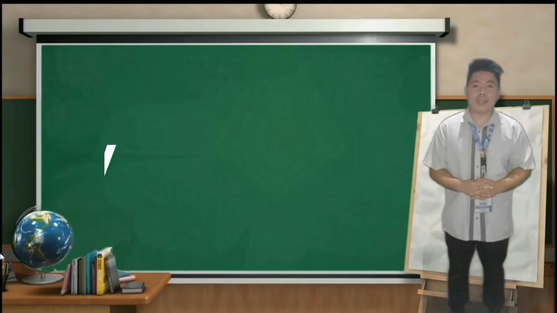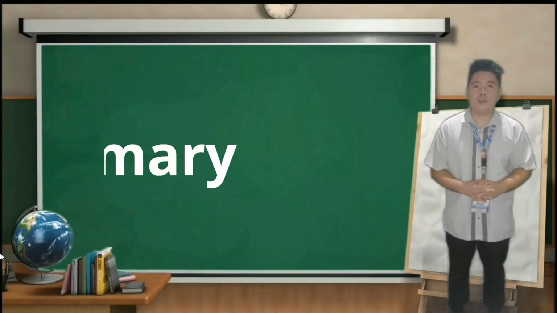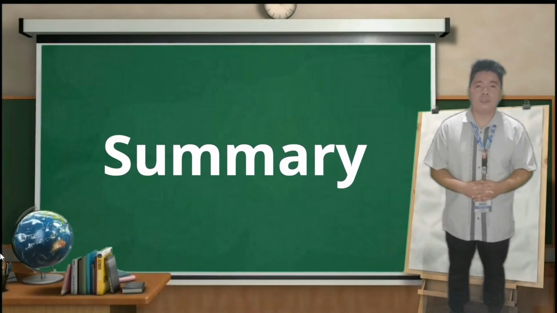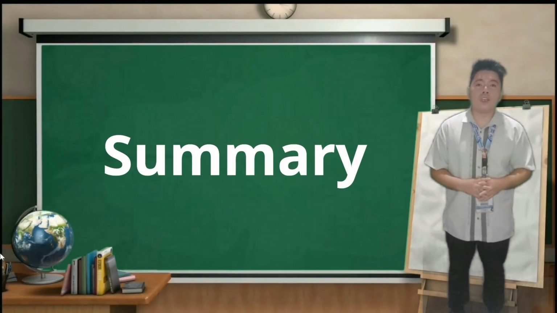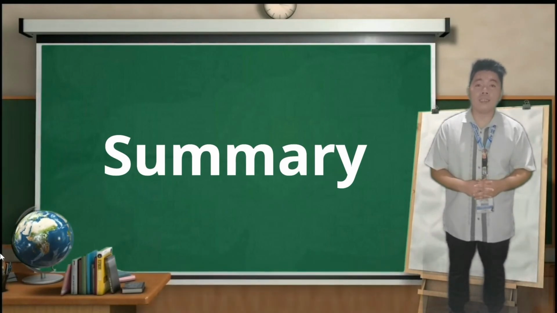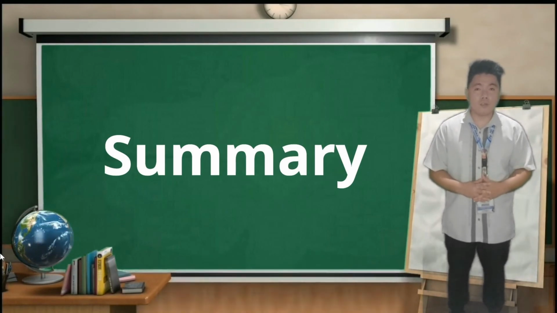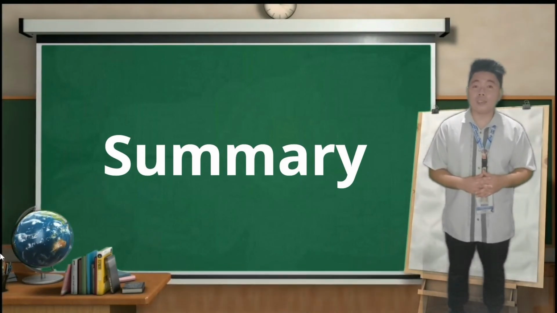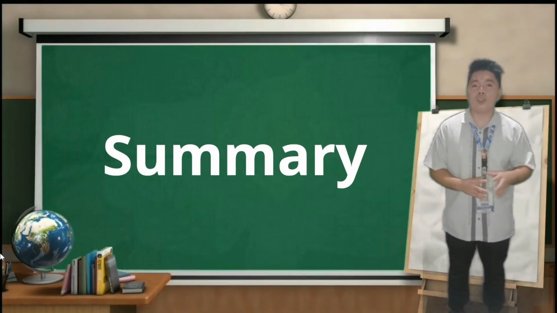Okay, students, we are now done with our lesson. Let's have a simple recap. In identifying the leading term, leading coefficient, and the degree of a polynomial equation, you just need to know how to identify the highest degree or exponent in the given polynomial equation.